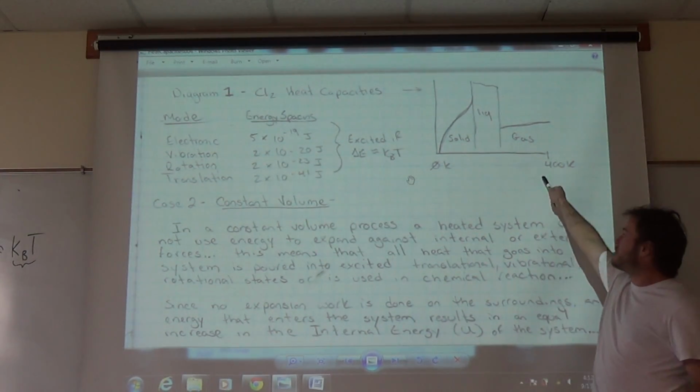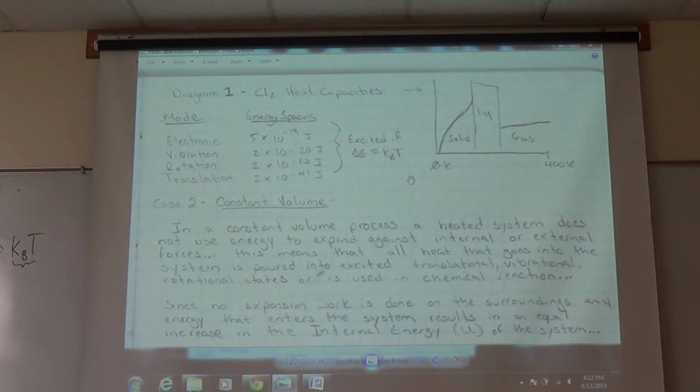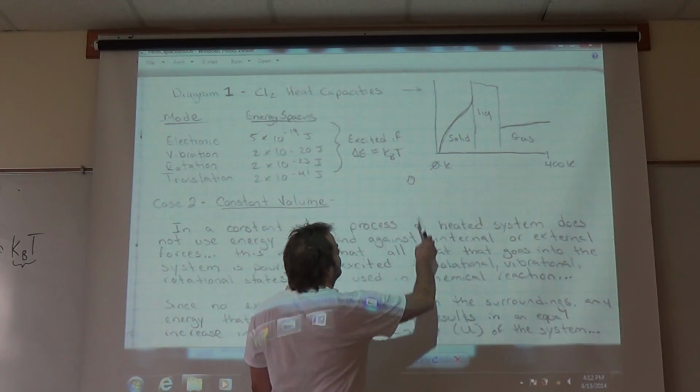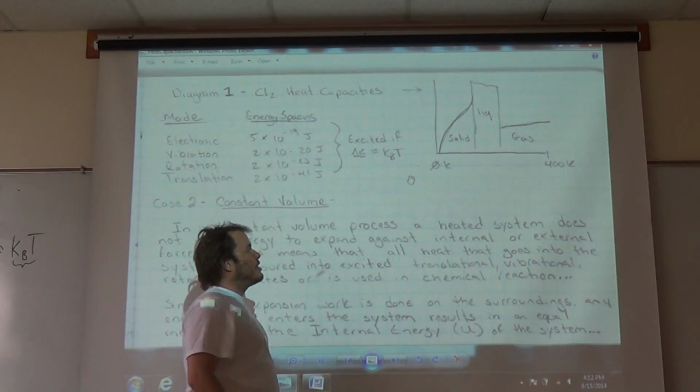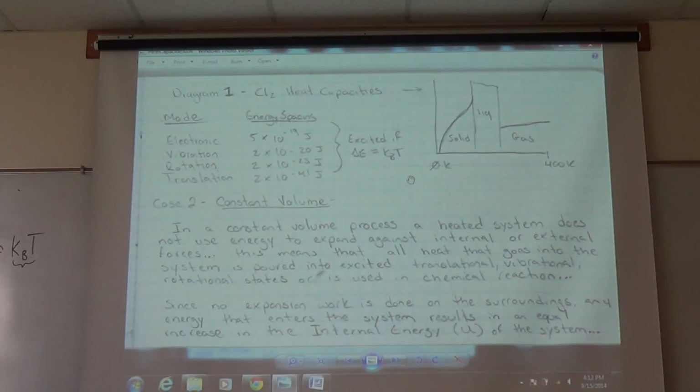So this is what the heat capacities look like for Cl2. It's just a rough sketch. Heat capacity starts off very low in the solid phase, and then as the temperature grows, as kBT grows, and we're able to have enough thermal energy in the environment to populate our excited states, the heat capacity increases with temperature.